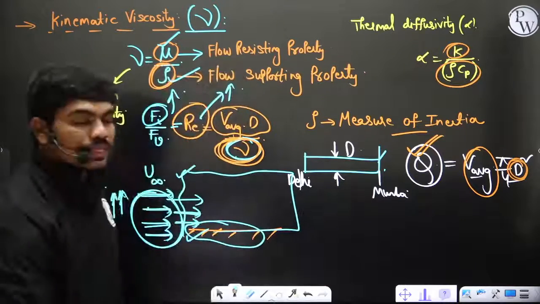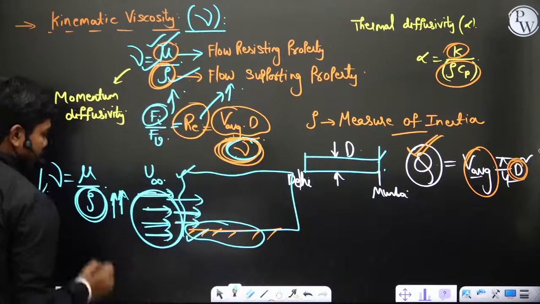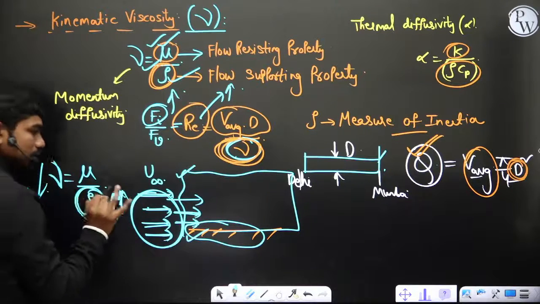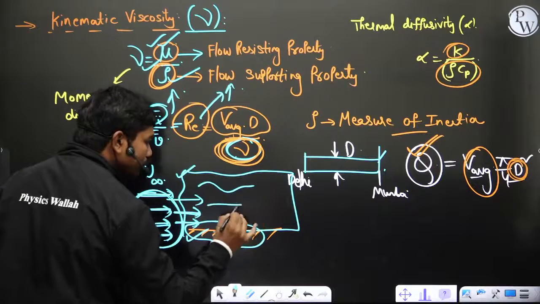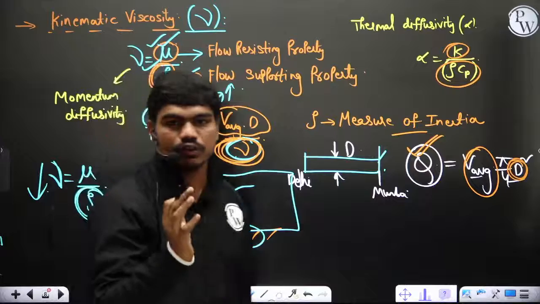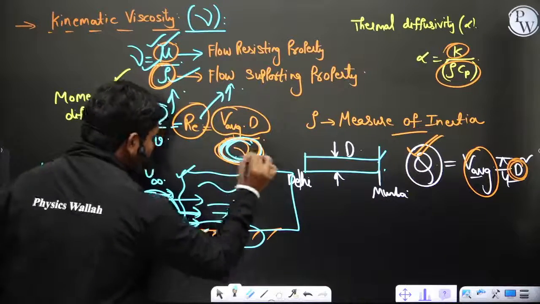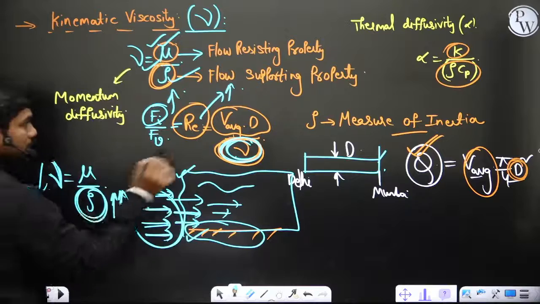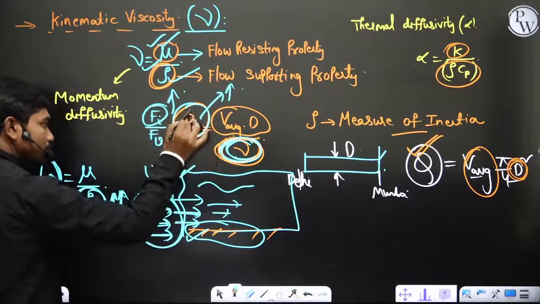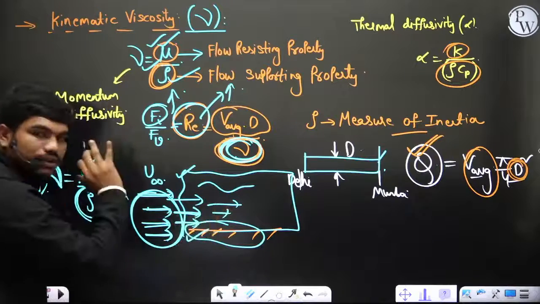Yeah, let's continue. So here, practically, these two properties decide the nature of the movement of the fluid in this region where you have both inertia and viscous forces. Understood clearly? So you can see this nu actually decides this number, and practically these two properties will decide the movement of the fluid in this regime.